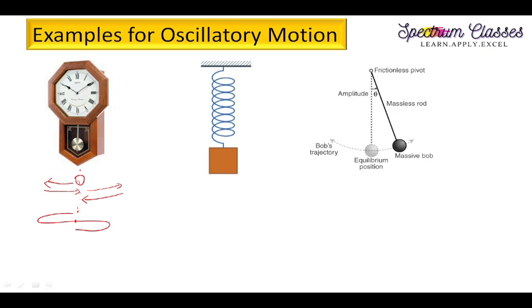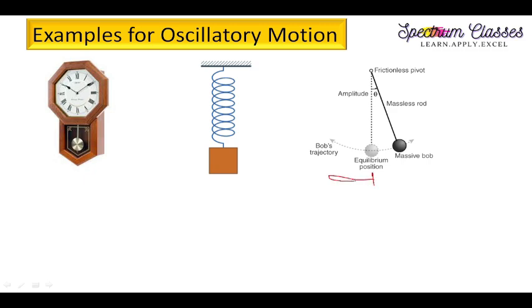The second example is a spring. This spring is moving; say this is the mean position, this is the extended position, and here is the compressed position. So it is moving like this, right? This is again oscillatory motion. Here you can understand in a better manner with this example. Here is the mean position.